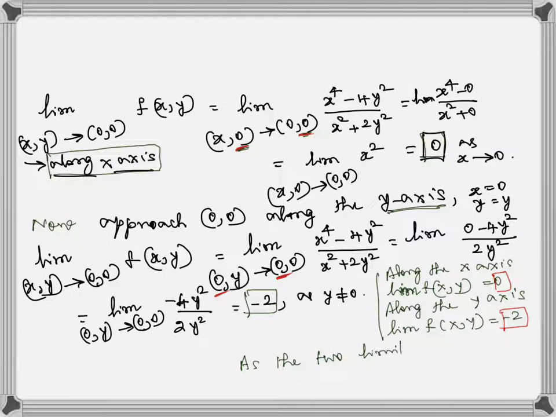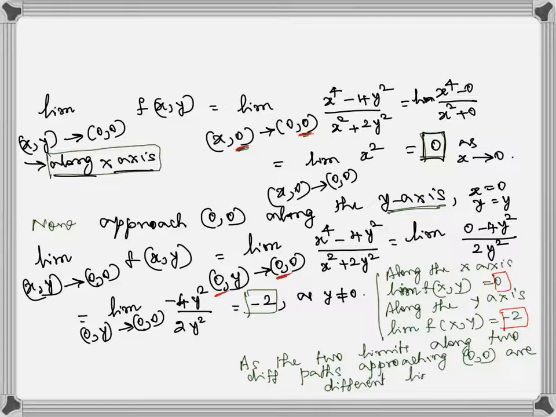As we get two different limits along two different paths approaching the point (0, 0), the limit of this function does not exist at (0, 0).